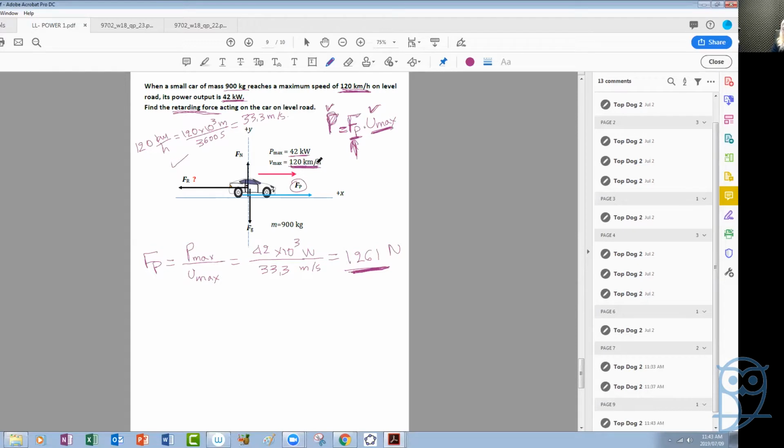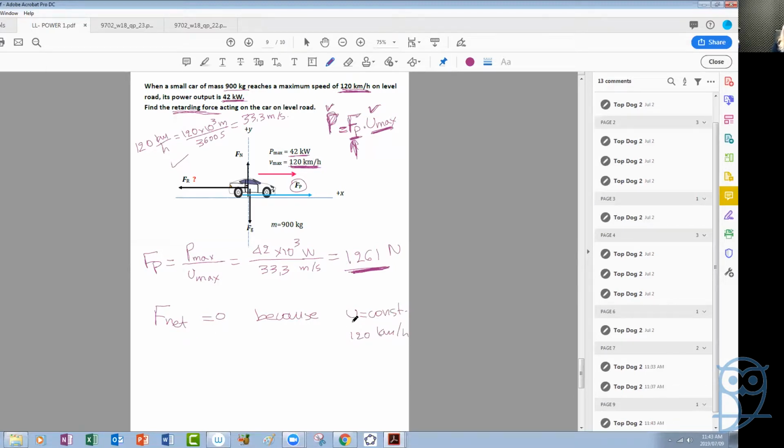Which means if the velocity is constant, those two forces are equal because there is no net force. When the velocity is constant, remember, the net force acting on an object is zero because the acceleration is zero. So from this information, that it's implied, but we have to figure it out, it means that the net force acting on the car is zero because it moves at constant velocity, because v is constant. It's this 120 kilometers per hour.